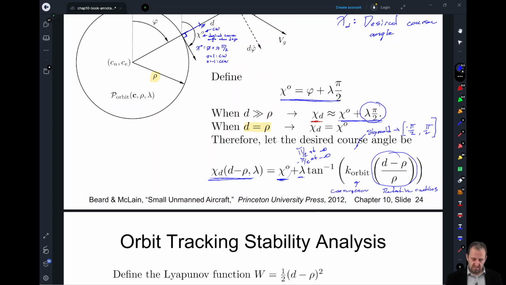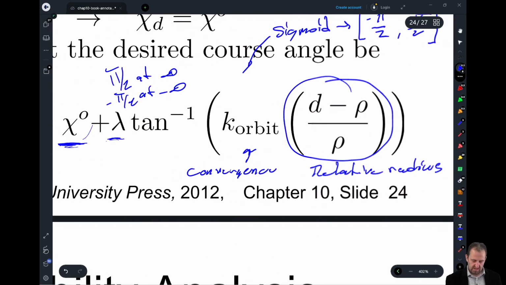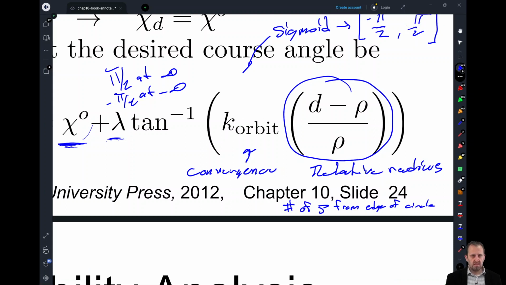It basically is the number of radii from the edge of the circle, because if d is equal to rho, it's equal to 0.